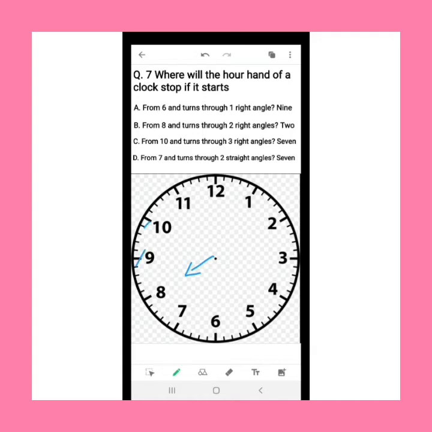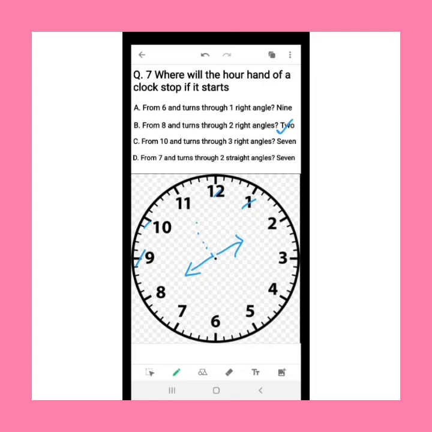So on reaching 11 I would make an angle of 90 degree. Then after 11 again 1, 2 and reaching onto 2 will make 2 turns of right angles. So I will reach onto the opposite side of 8, that is 2.